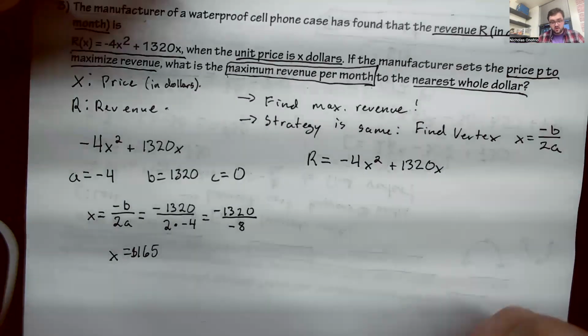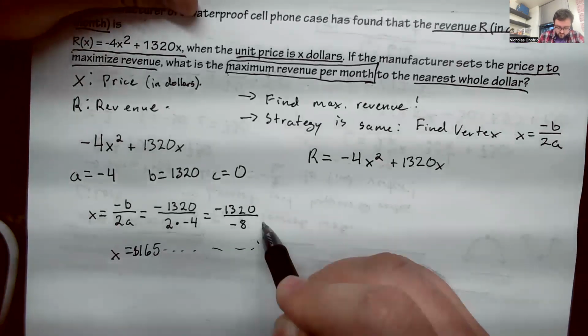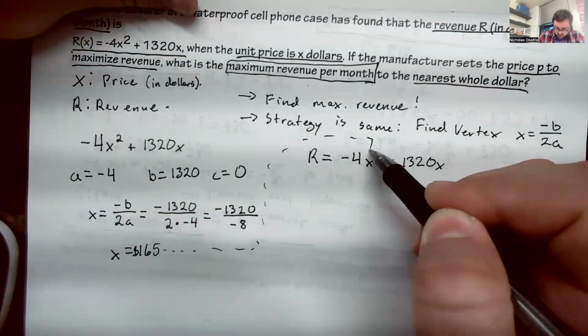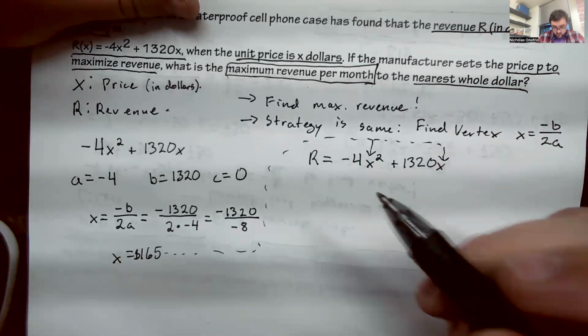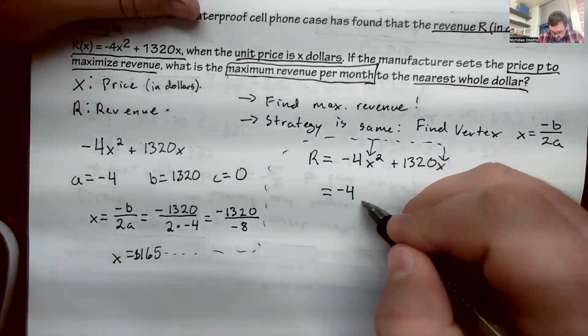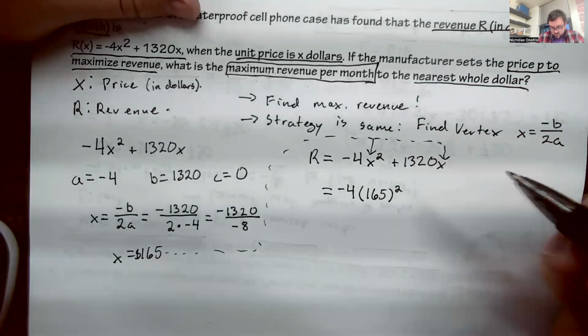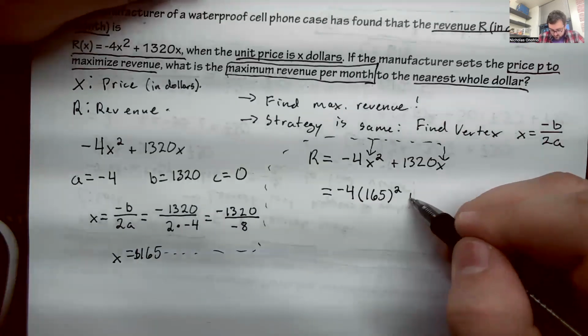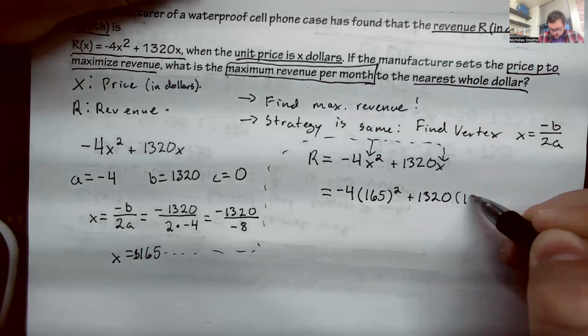And let's plug in our number, 165. Plug in that number for x. And we're going to get R equals negative 4 times 165 squared plus 1,320 times 165.